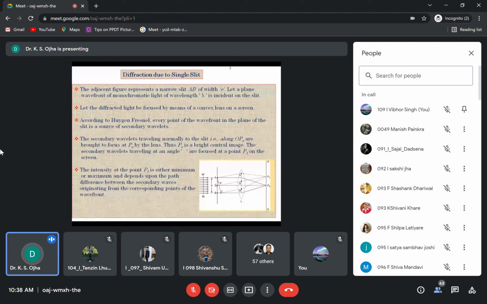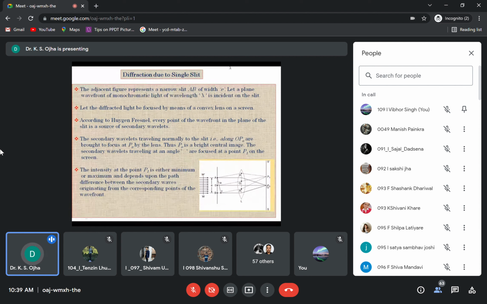Since we already know that diffraction takes place due to the superposition of secondary waves emerging from the primary wavefronts, here you see, since the width of the slit is e, light will pass between points A and B, and when we collect it through the lens L, some secondary wavelets will superimpose on each other at the center.